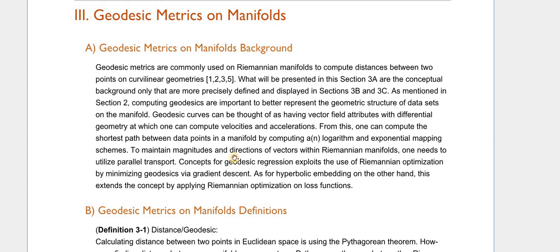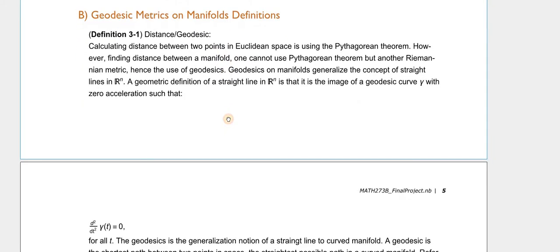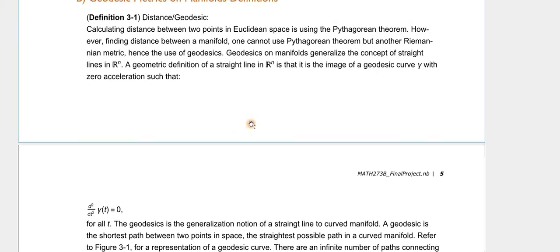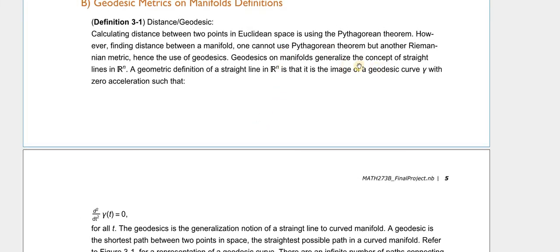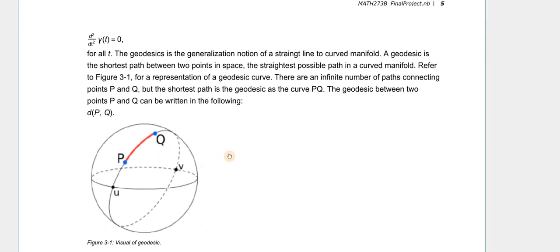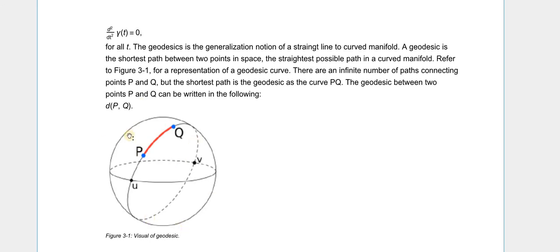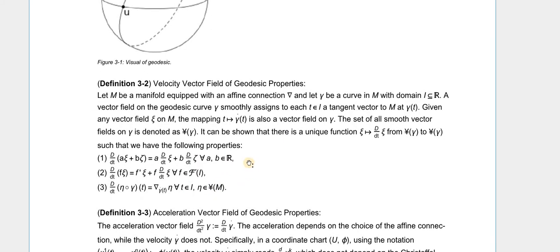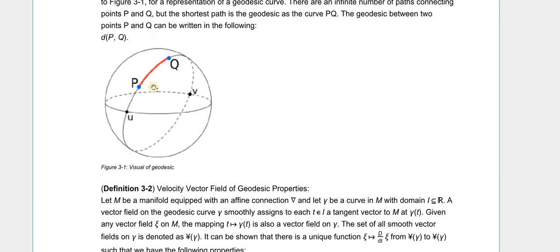So first of all, let's start out with geodesics. Geodesics, as I mentioned multiple times, is just a general concept of the straight line in Rn. To show you how it looks, if you're served with this type of geometry or manifold, and you want to find the shortest path between 2 points, this red line is what you call a geodesic. And once you have this geodesic, it has some differential properties.